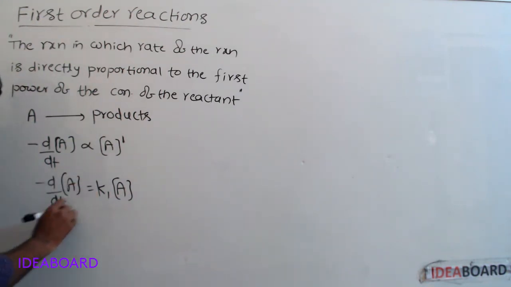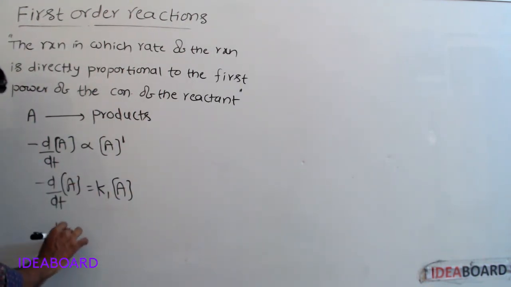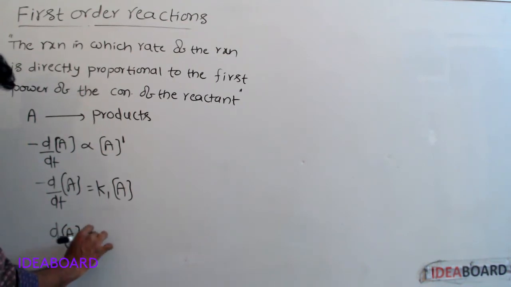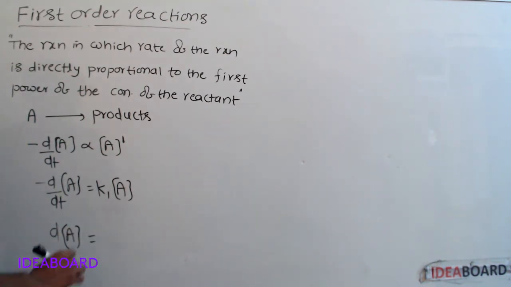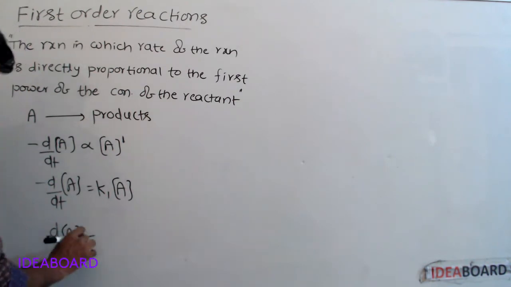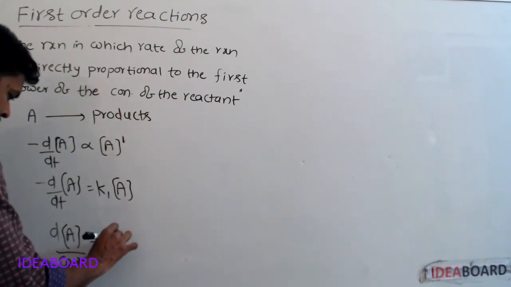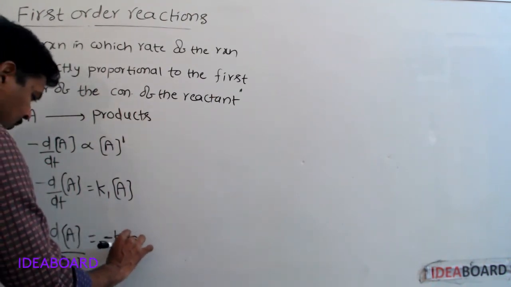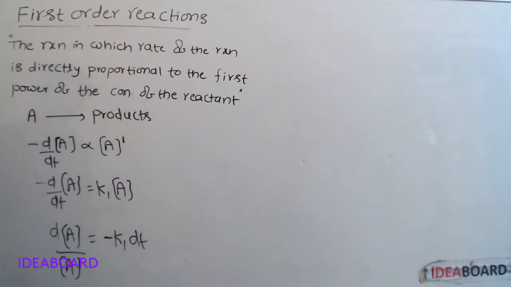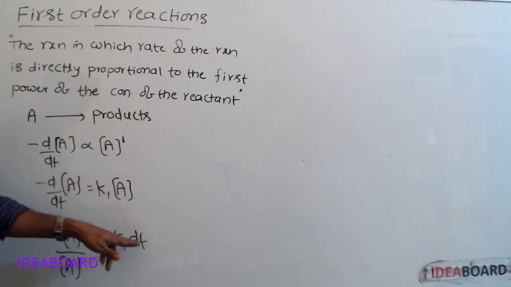Next, I am writing like this: d of A concentration by A concentration is equal to minus K1 into dt.